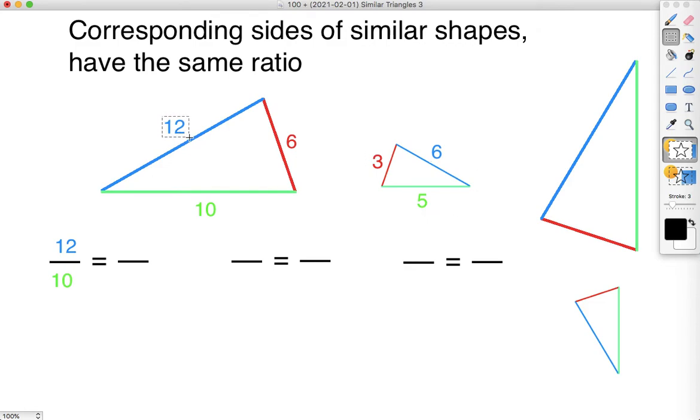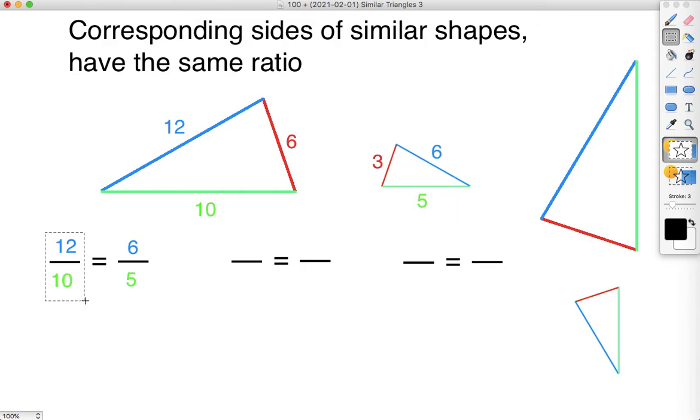So this 12 matches this 6, and this 10 matches this 5. So I can make this fraction of the 12 over 10, and it will equal the same fraction over here made with its corresponding sides, or the sides that match the 12 and the side that matches the 10.